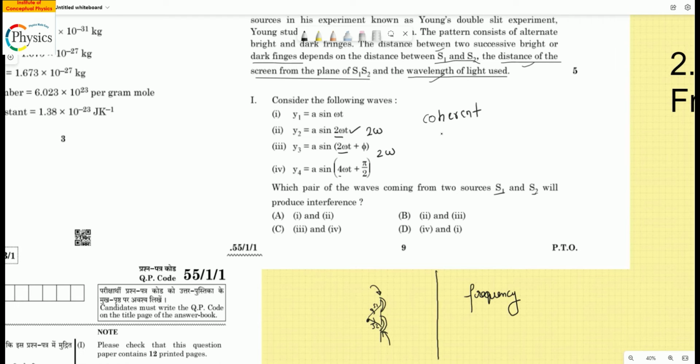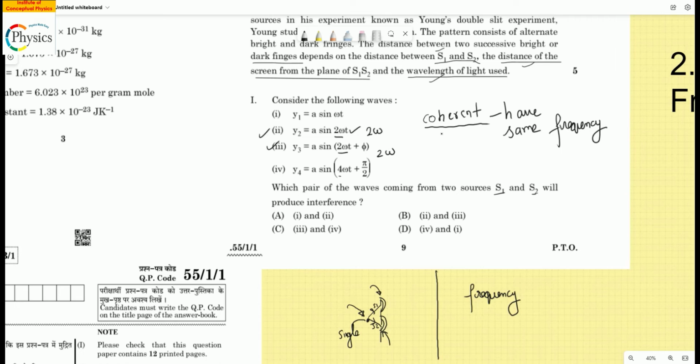So coherent sources have the same frequency. They cannot have a separate frequency, or they have the same wavelength, one and the same thing. It is very important. A coherent source in Young double-slit experiment is derived from a single source. So here you have a single coherent source, and that gives rise to two separate sources. They appear to be two separate sources, but actually they're only one, because in the background they're coming from a single source. So the answer is 2 and 3, right?